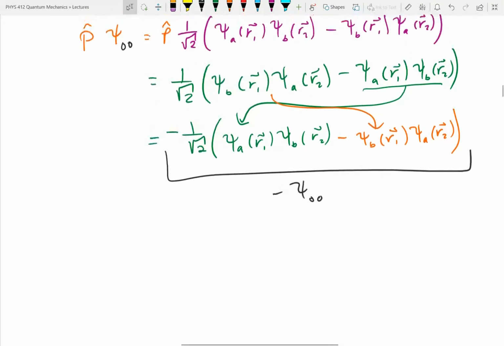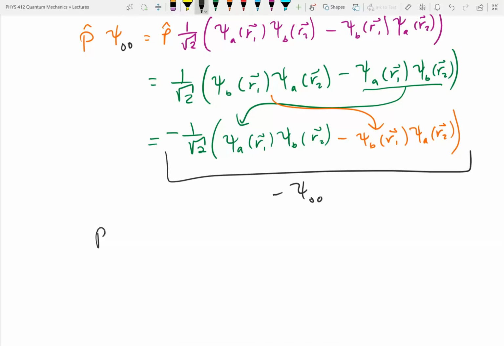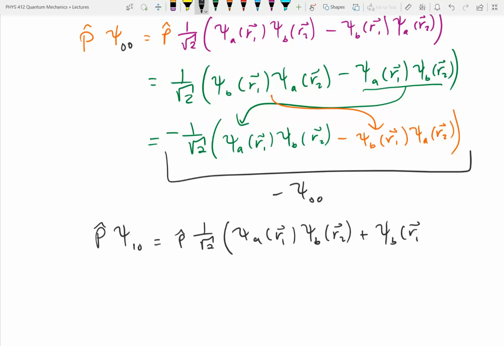If I did the exchange operator acting on psi 1, 0, psi 1, 0 is the symmetric one. And so that's everything the same except for the plus sign, right?